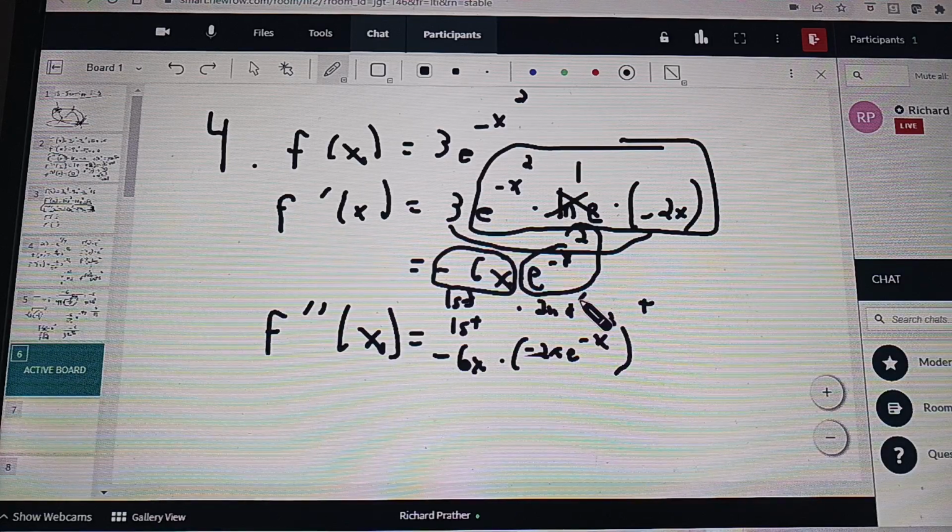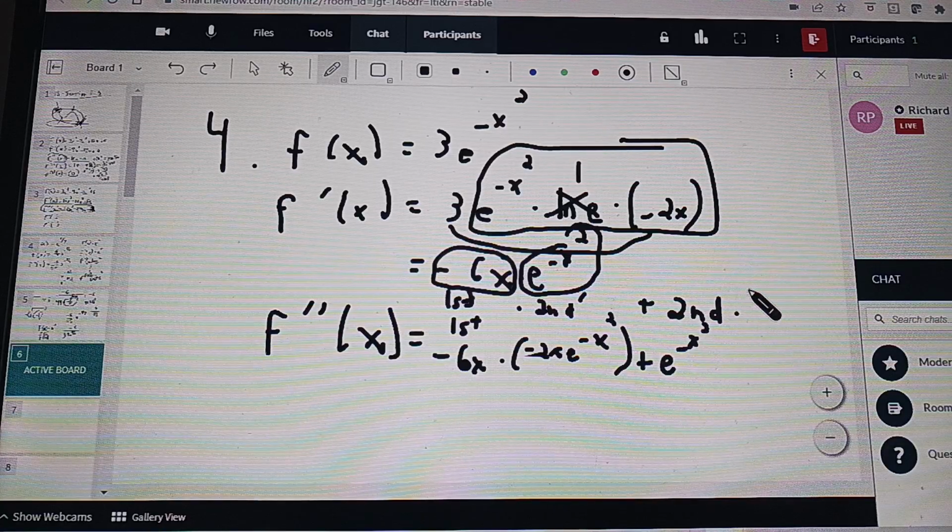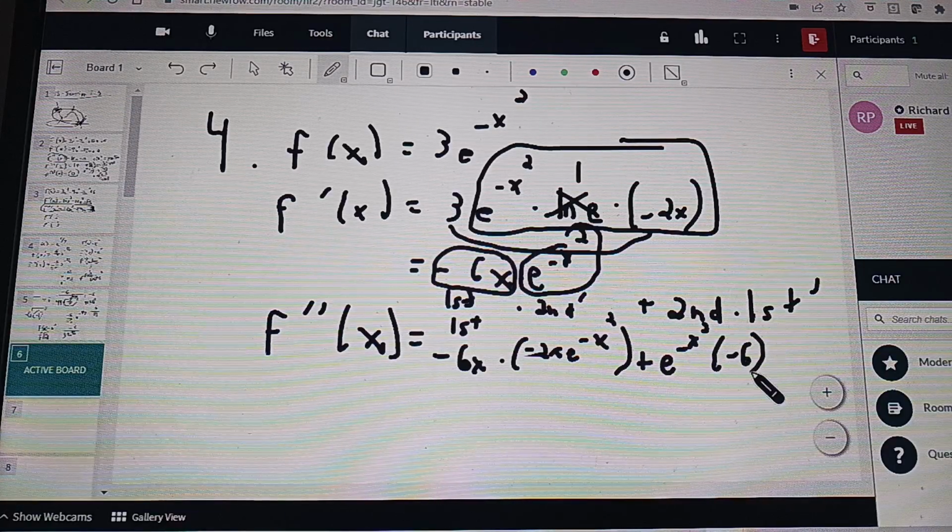First times the derivative of the second plus the second times the derivative of the first. The derivative of negative 6x is just negative 6. For here, you don't really have to clean this up too much.